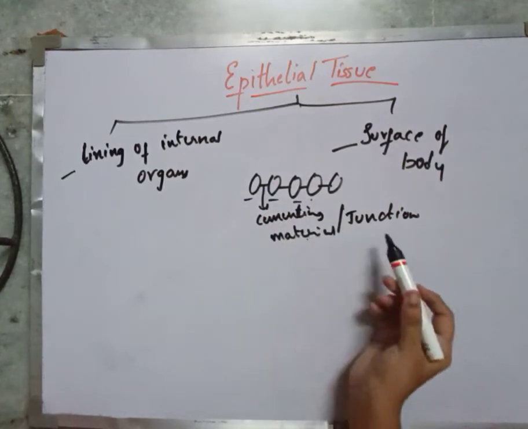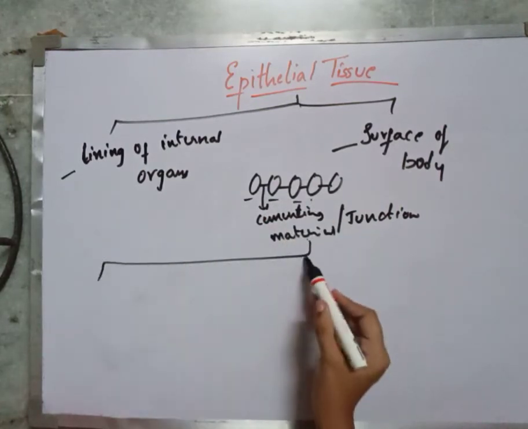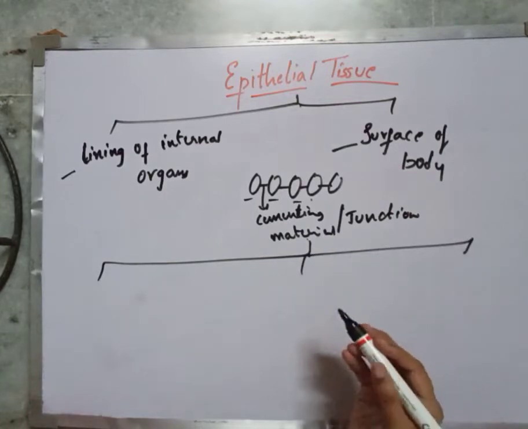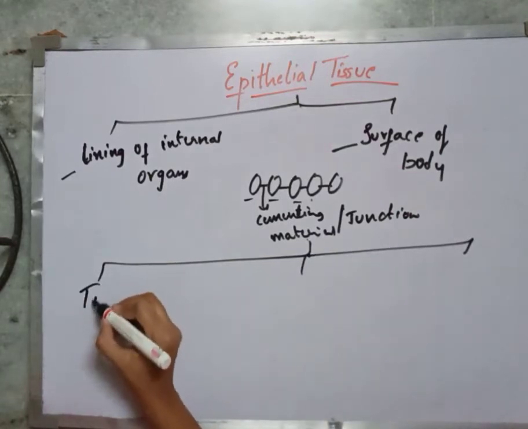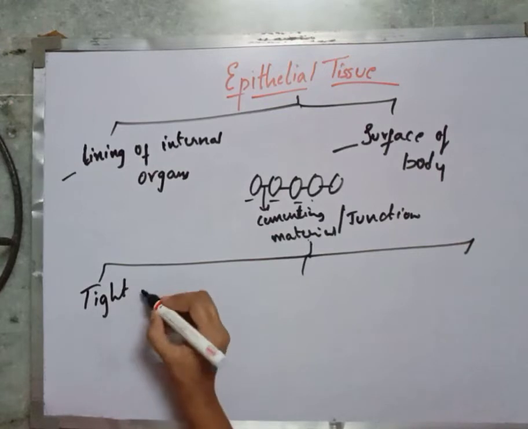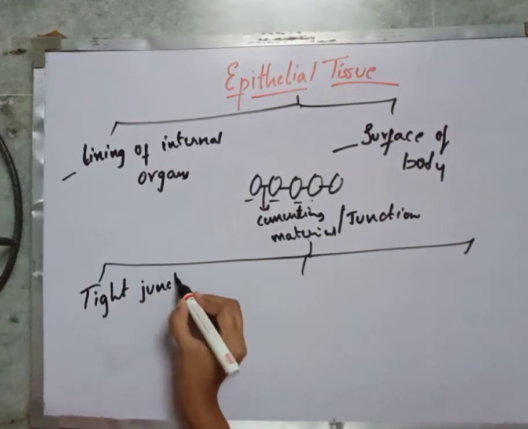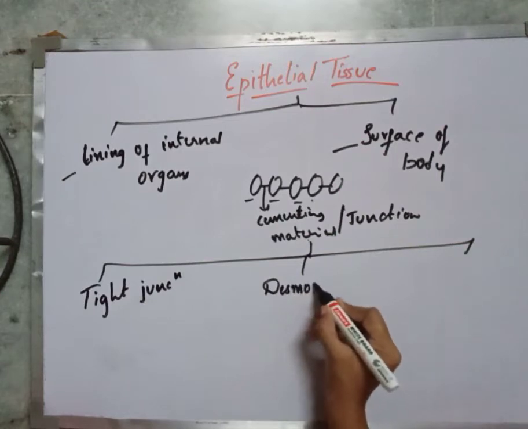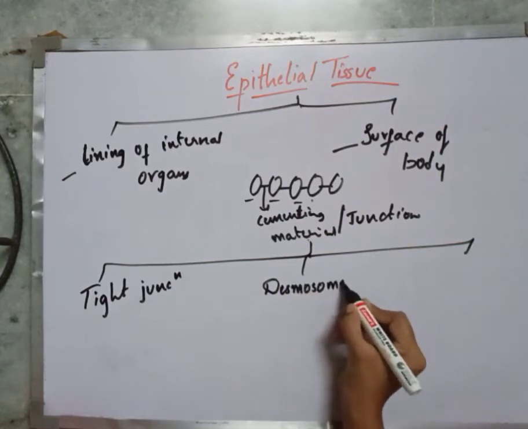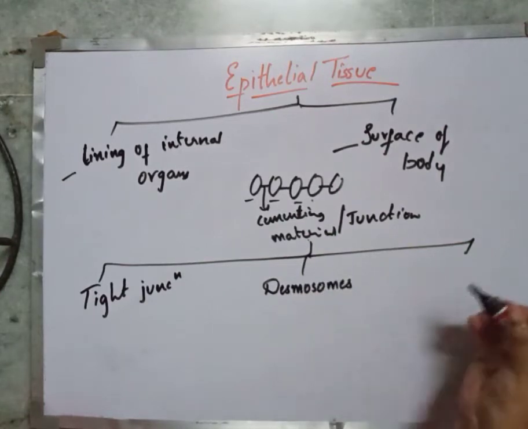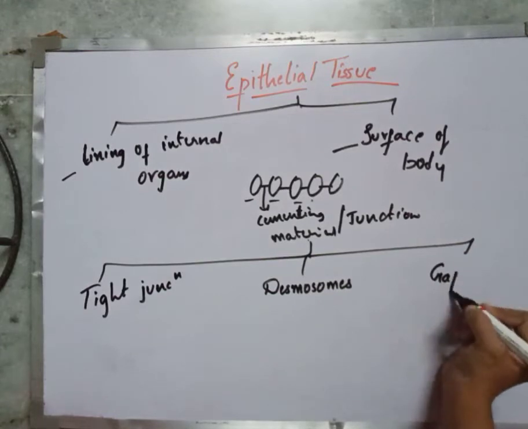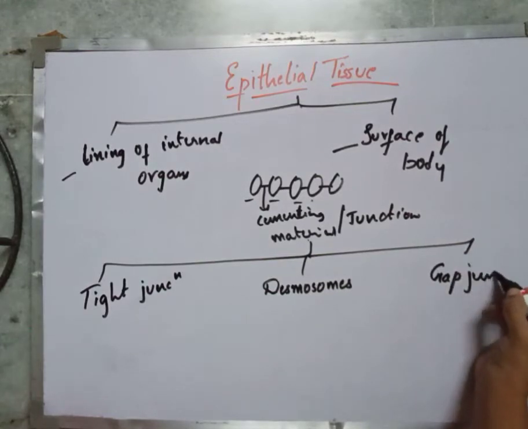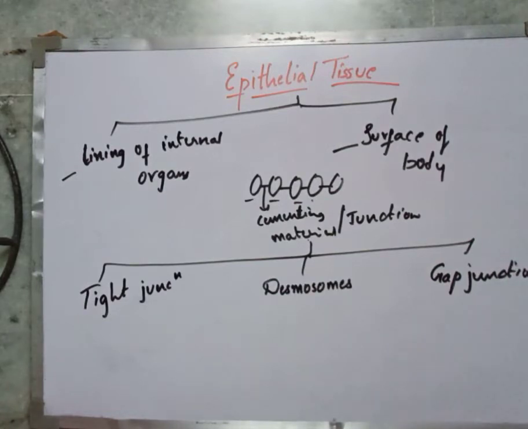These junctions are broadly classified into 3 types: tight junctions, desmosomes, and gap junctions. These are the 3 types of junctions in epithelial tissues.